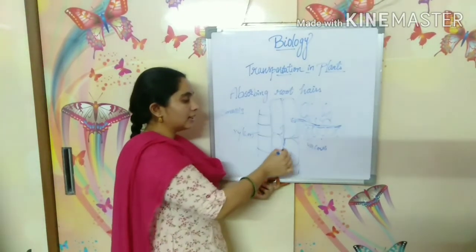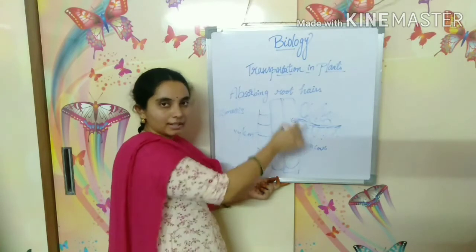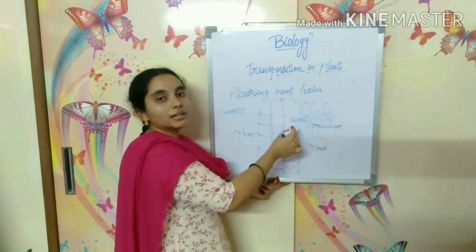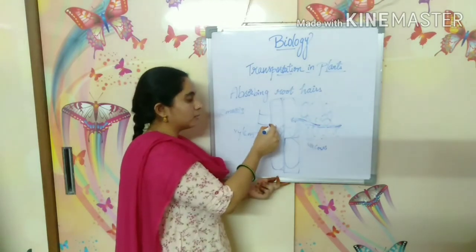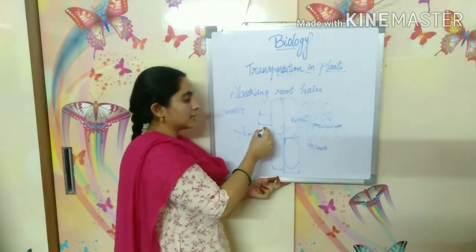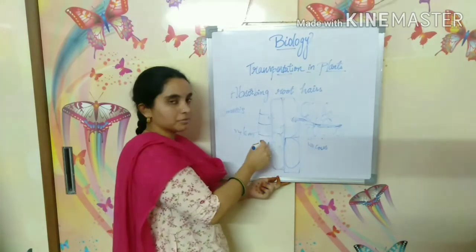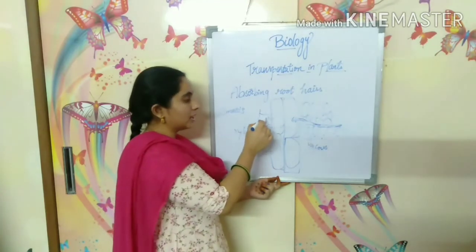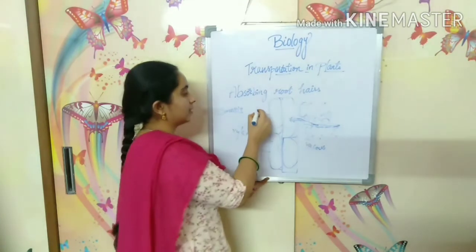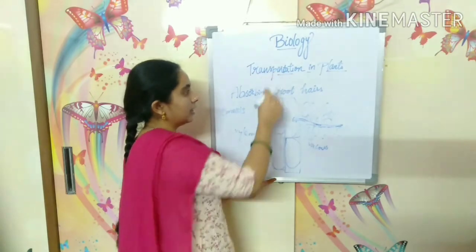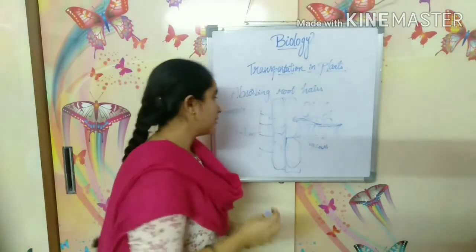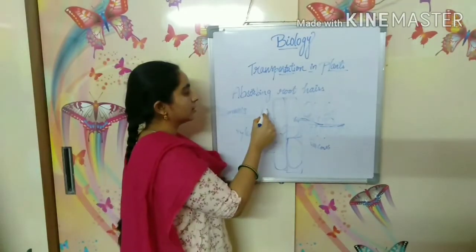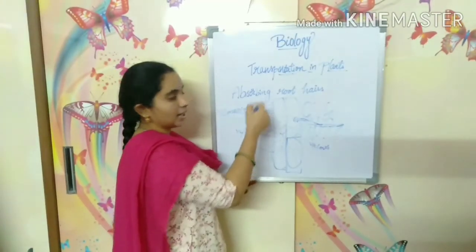When the cortex has more water, this water moves from cells of cortex to the xylem cells. The xylem goes till the top of the plant, the top of the tree. From here it is going upwards to the other cell.